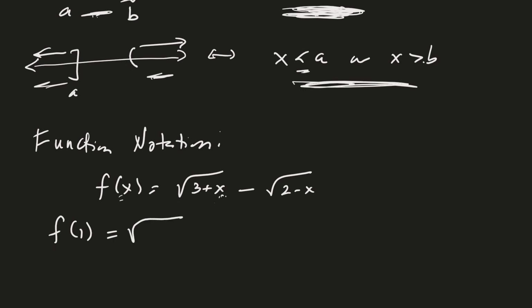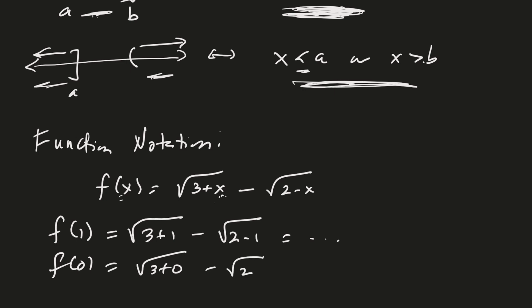And so that would be the square root of 3 plus 1 minus the square root of 2 minus 1. And then I would continue. Similarly, f of 0 would be the square root of 3 plus 0 minus the square root of 2 minus 0. And then I would continue that computation.